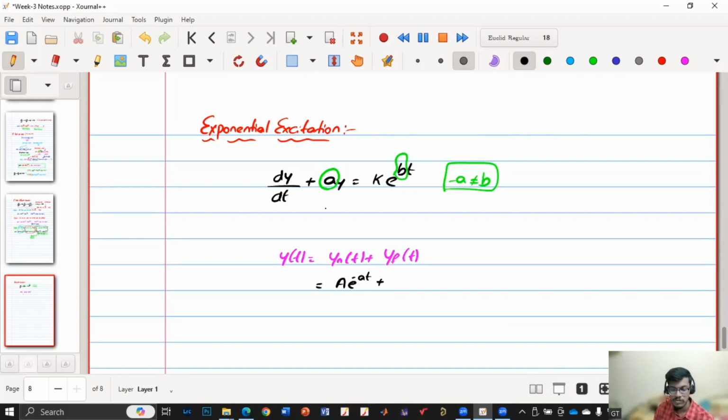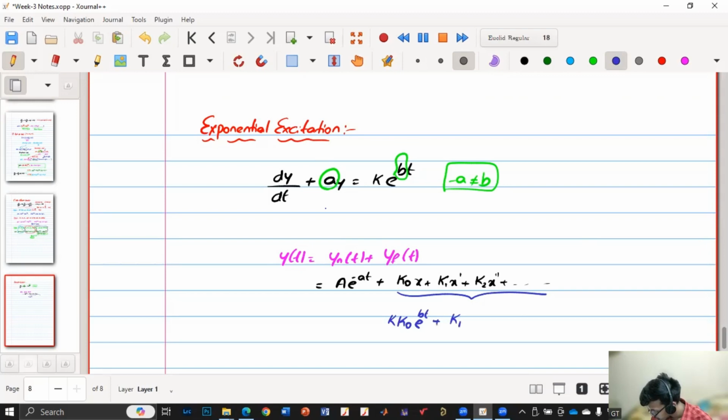Now forced response will be what? Some k0 into x plus k1 into x dash plus k2 into x double dash plus up to so on, right? Do you agree? But if it is an exponential term, we'll get k0 into e to the power bt plus k1 b into e to the power bt plus up to so on, because e to the power bt is inevitable.